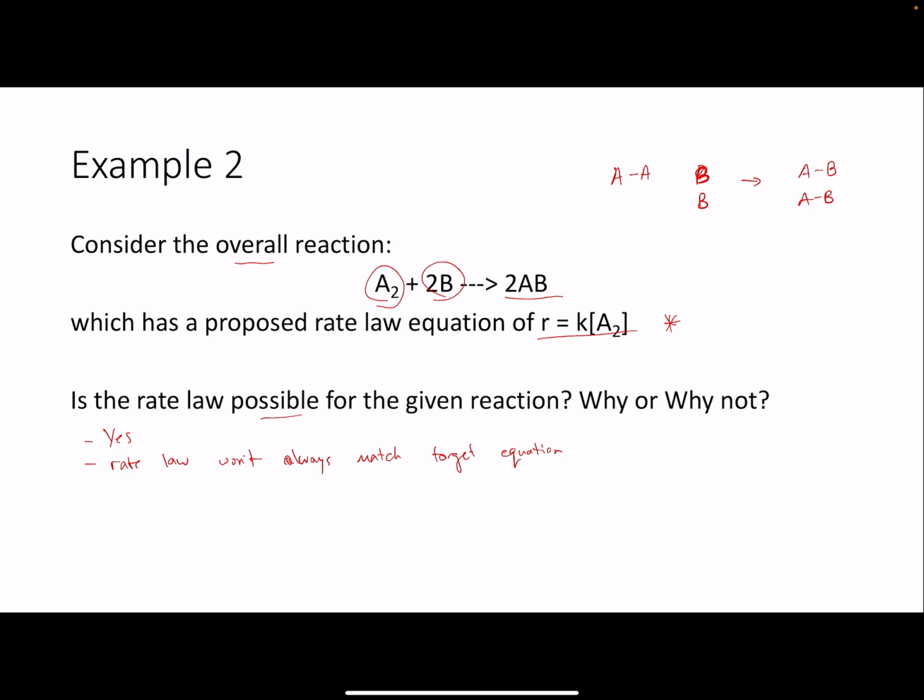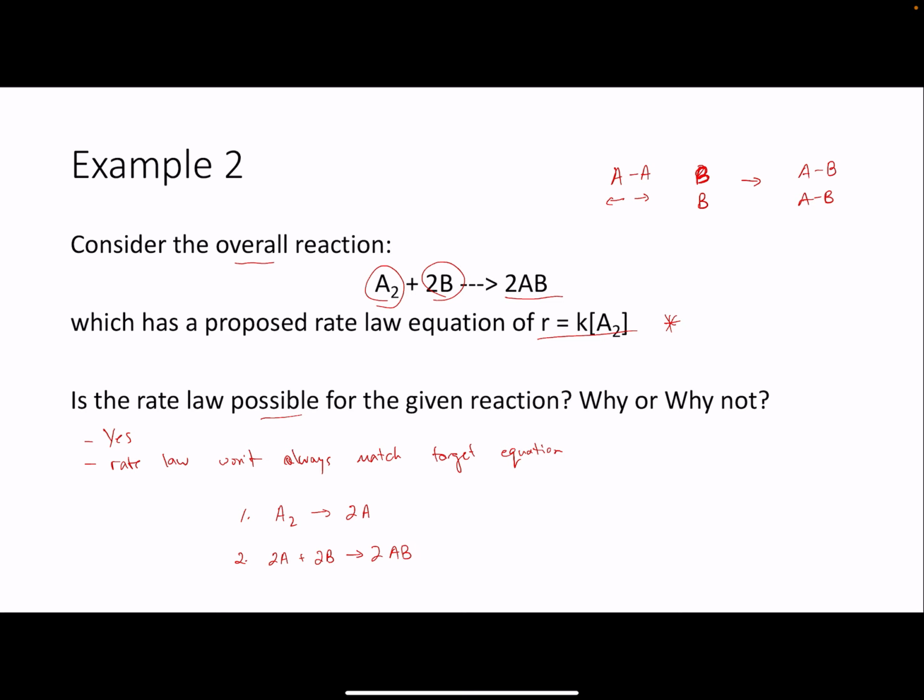So logically, what needs to happen is these need to split up and then react with B separately. So we can propose the mechanism for that and say, step 1 involves molecule A splitting into single atoms, and then step 2 involves those atoms combining with the molecules B to form 2AB.